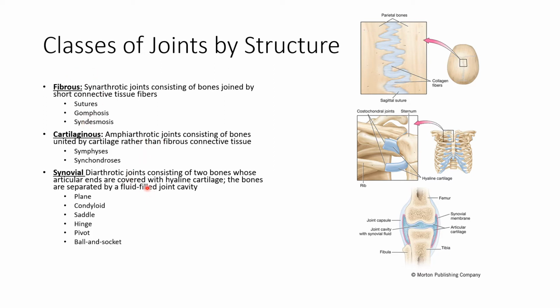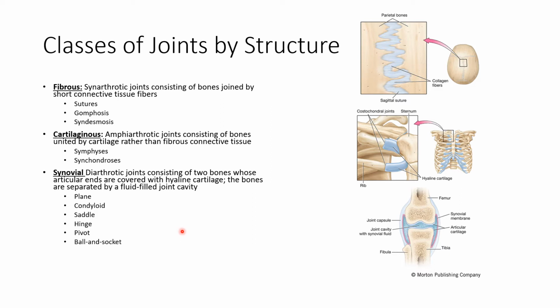And then we also have cartilaginous joints. These are amphiarthrotic joints consisting of bones united by cartilage rather than fibrous connective tissue. Examples of that are your symphysis and your synchondroses. Last, we have synovial joints. These are your diarthrotic joints, the freely movable joints.